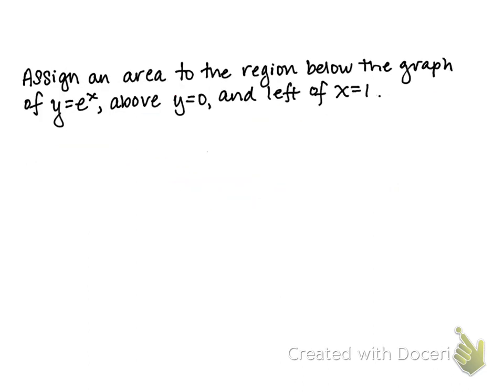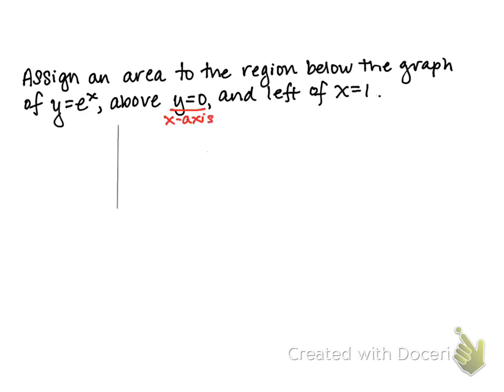In our second example, we are going to assign an area to the region below the graph of y equals e to the x, above y equals 0, which is the x-axis, and to the left of x equals 1. So let's draw a graph.